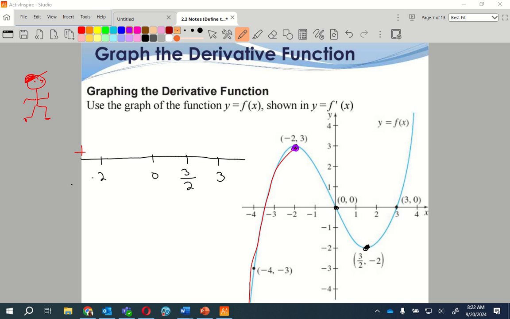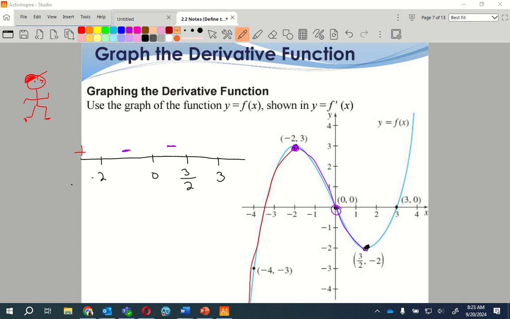He's going down, right? But I kind of skipped over this point right here, but I'll come back to it. I know that all this right here is a negative slope, right? It's all negative slope. So in between -2, so it's a negative here, and it also is negative here.